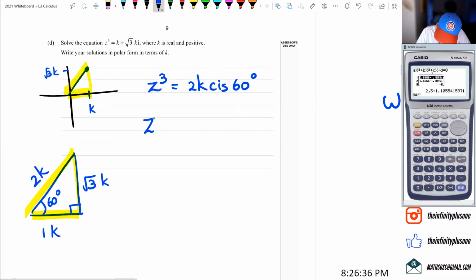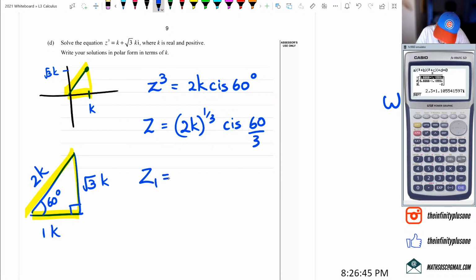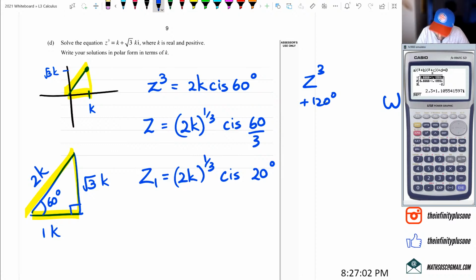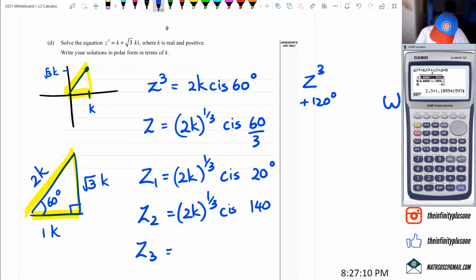So our first root for z is going to be 2k to the power of 1/3 cis 60 divided by 3, so 2k to the power of 1/3 cis 20 degrees. Now remember that we are looking at z cubed, so all you have to do is add 120 to each of your roots. Your second root is going to be 2k to the power of 1/3 cis 140, and your third root is going to be 2k to the power of 1/3 cis 260 degrees.